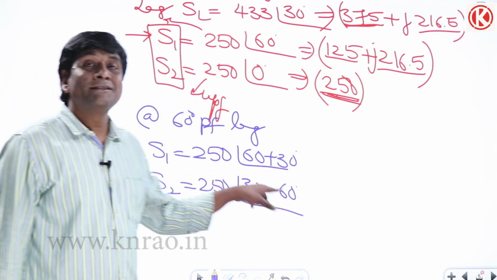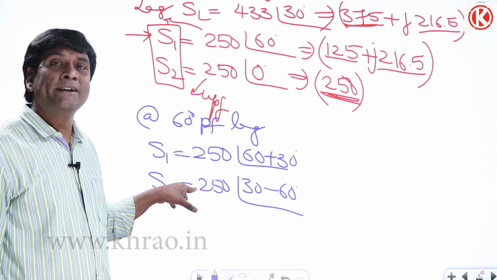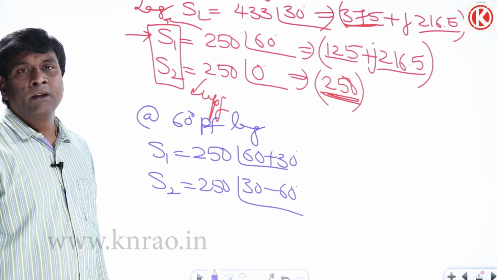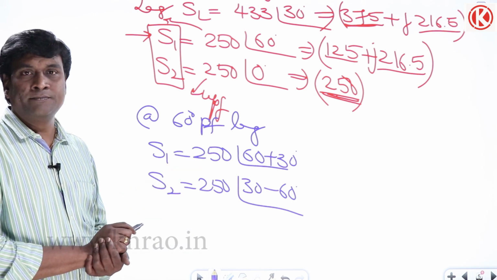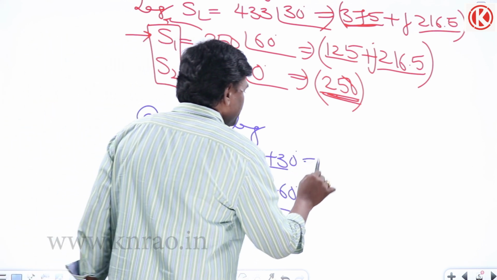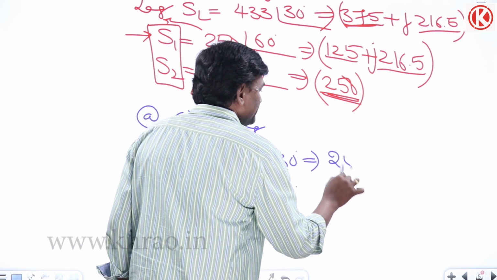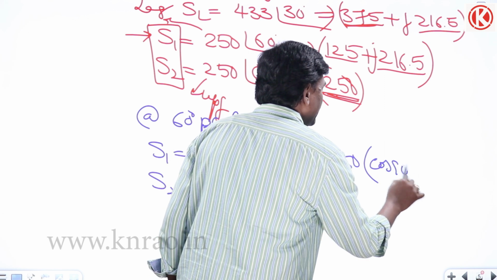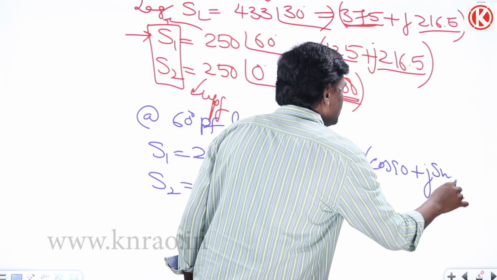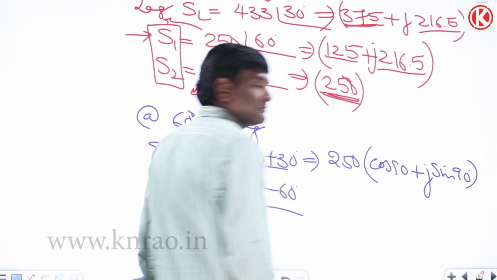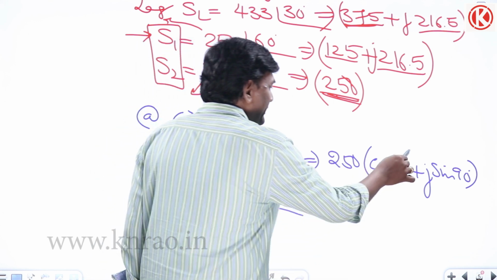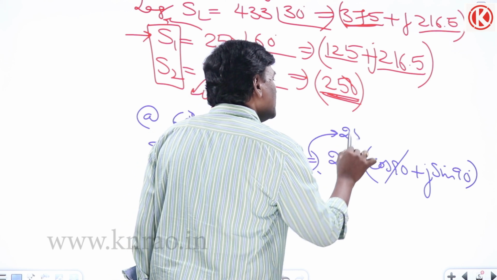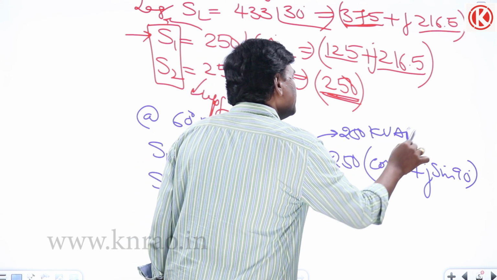Now you got minus 30, which means it operates at lagging, at zero power factor. So this is going to be 250 at an angle: cos 90 plus j sin 90.